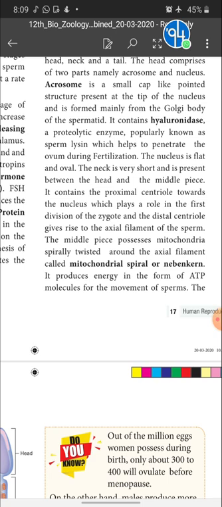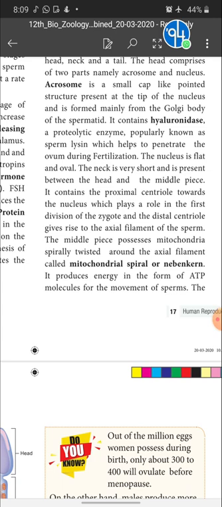Okay, that's the function of hyaluronidase secreted by the acrosome. Then the nucleus, okay, next you come. What about the nucleus? The nucleus is flat and oval, and then the neck is very short and is present between the head and the middle piece. What are the parts present in the neck?